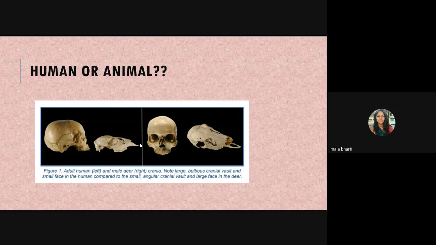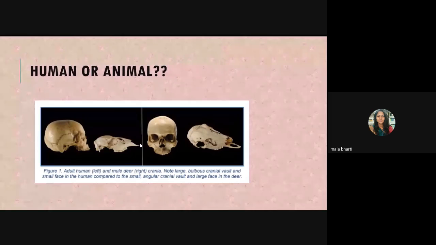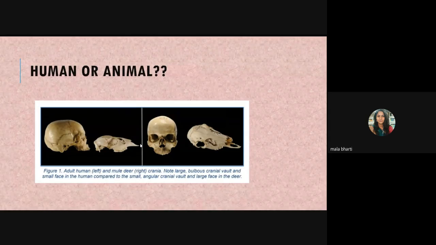And once a forensic expert or forensic anthropologist is assured that this is a bone, then we have to check whether it's human or animal bone, because you can imagine the amount of burials there are, and we can always get confused between human and animal bone, right?